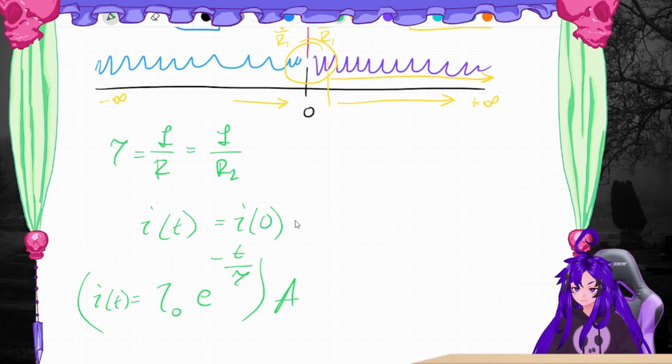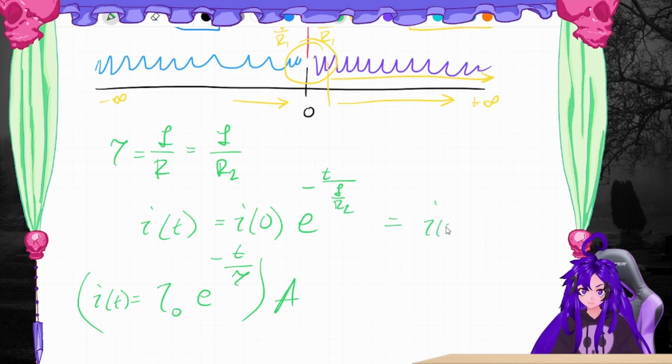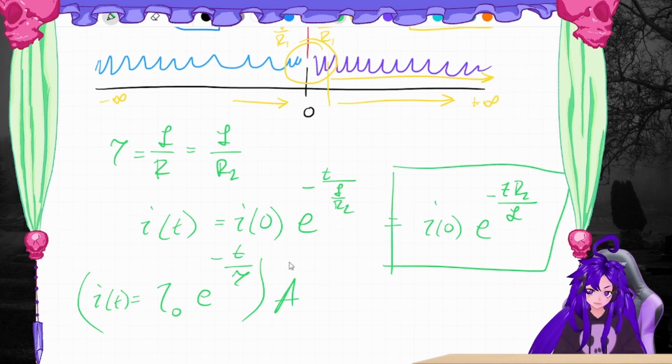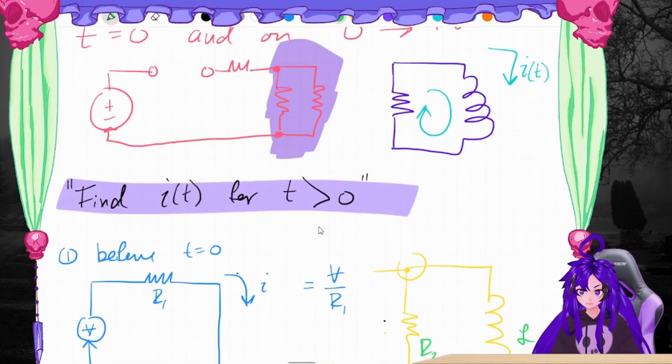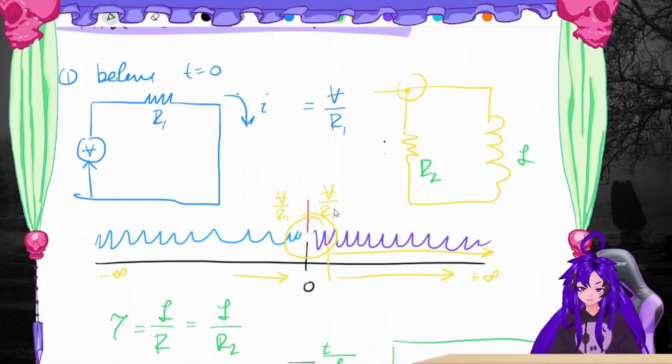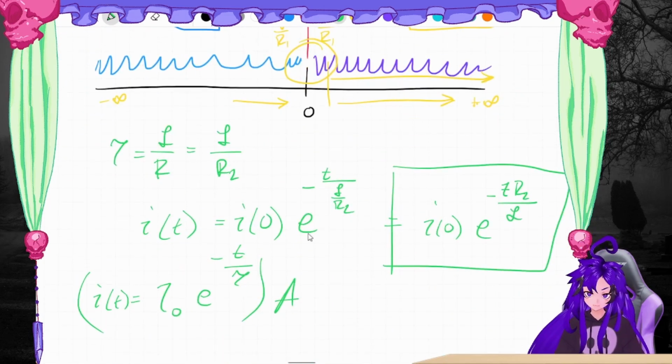So this becomes this times e to the minus t over L over R2, which is I naught e to the minus t R2 over L. There we go. And that's it. That would be the form of the answer. If for this one, since it said make up a problem, we assigned numbers to it, we'd do the numbers thing. But that's it. That's what we do.